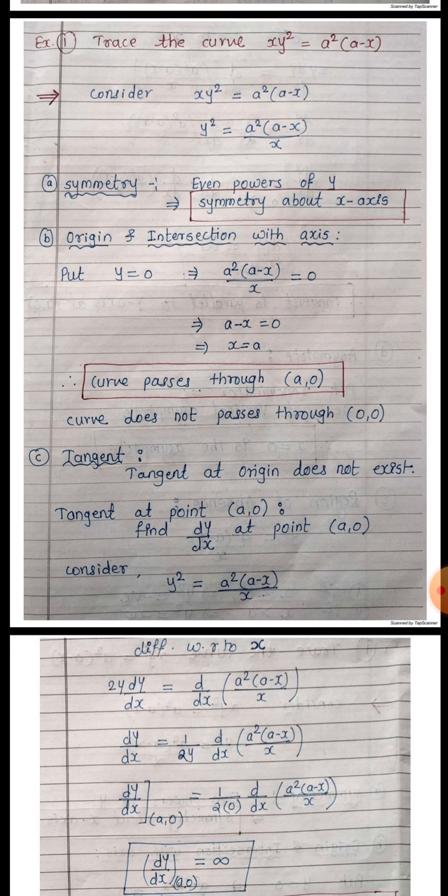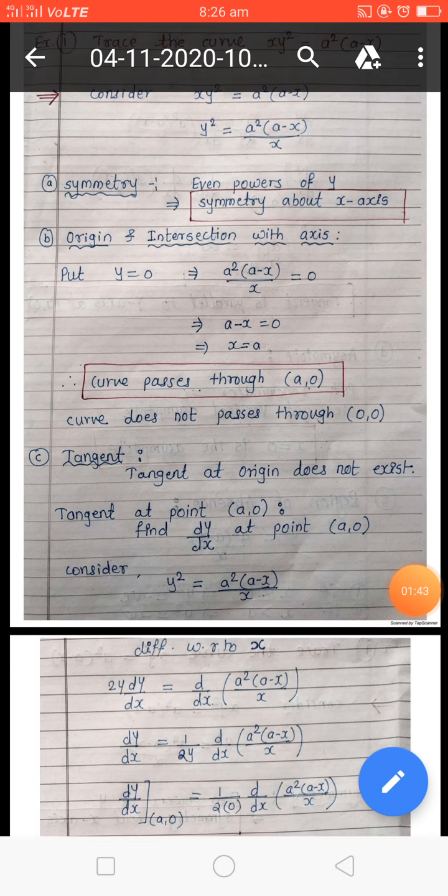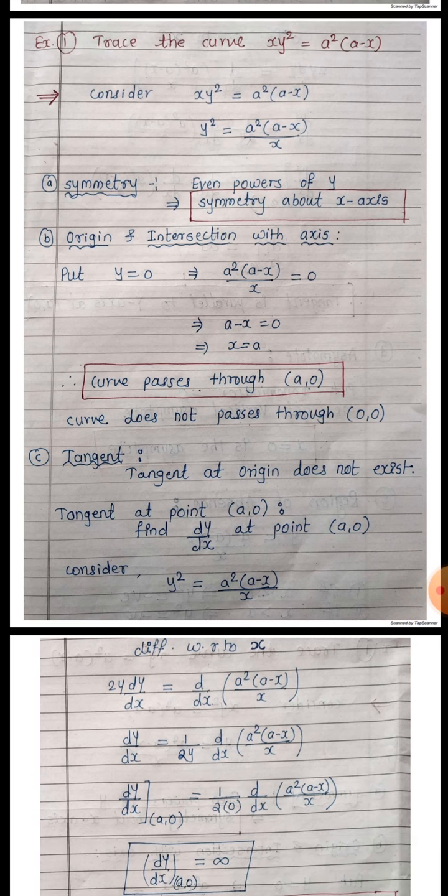The power of y is 2, and the power of x is 1 in the numerator and 1 in the denominator. Here in the example, even powers of y. Therefore, first point, if even powers of y, then symmetry about the x-axis.